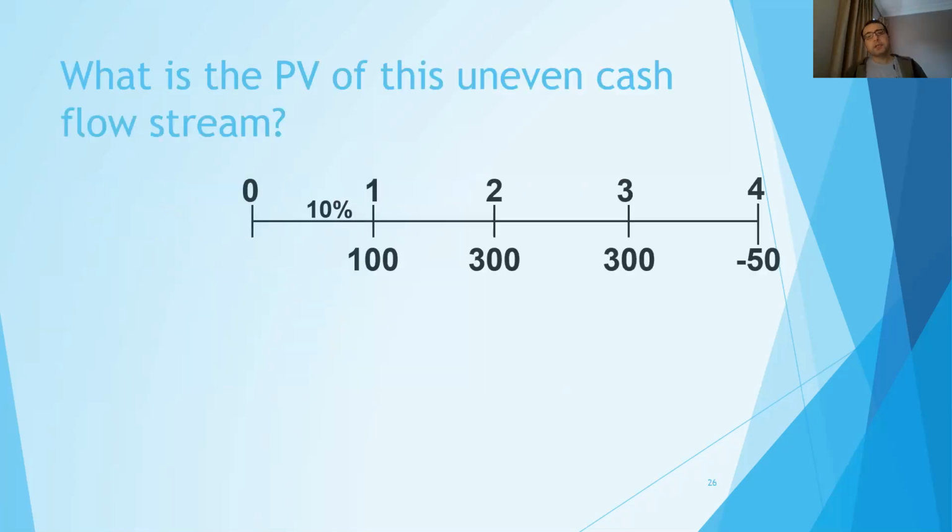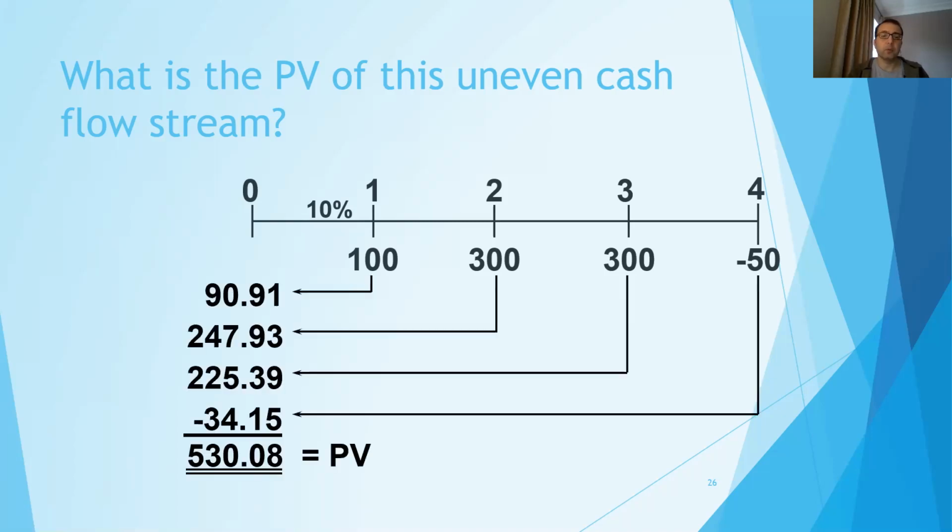Okay, what's the present value of an uneven cash flow stream? We can find the present value of this uneven cash flow stream, but we don't have any formula to do that. We have to do it manually, one by one. So we need to discount each cash flow, right, with the given interest rates, and find the present value.